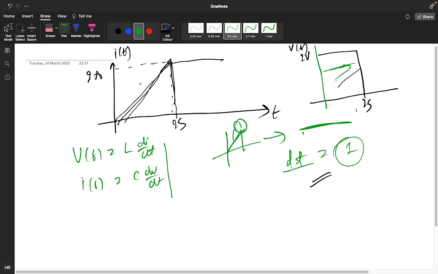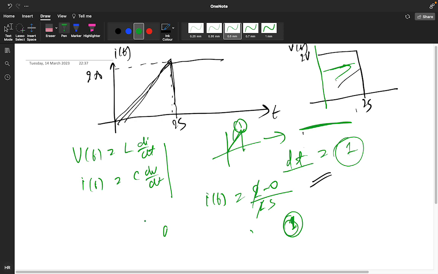So what is the slope of this? The slope is y2 minus y1 divided by x2 minus x1. So y2 is 2 minus 0 divided by 2 seconds, so you are getting a slope of 1. Slope of 1 means you are getting the di by dt value, and the di by dt value is 1.